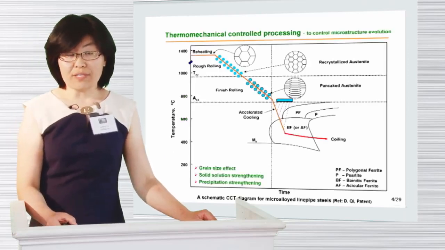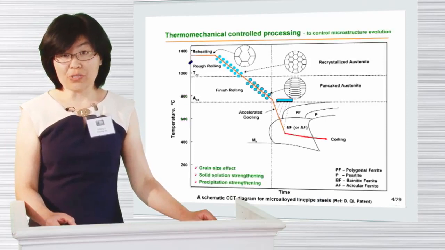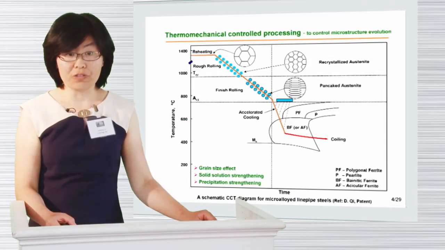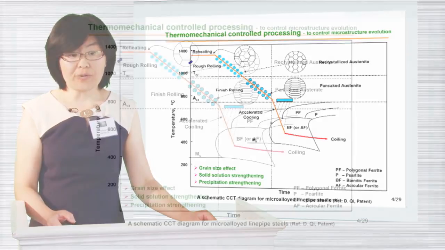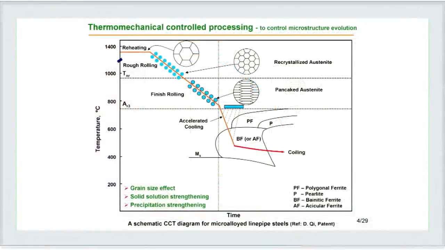Thermomechanical controlled processing has been widely used in industry to control the microstructure evolution. And this figure shows a schematic CCT diagram for the microalloy steels. And it has reheating process, rough rolling, finish rolling, accelerated cooling, and coiling.